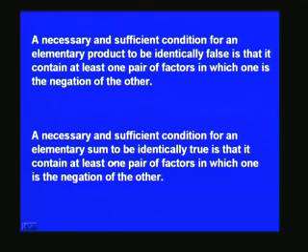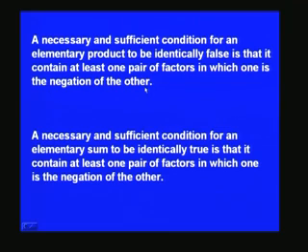Now, you can see that a necessary and sufficient condition for an elementary product to be identically false is that it contain at least one pair of factors in which one is the negation of the other.